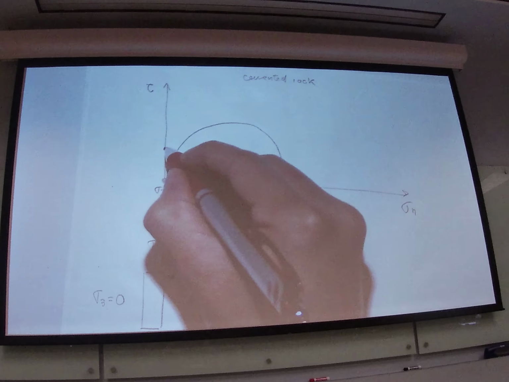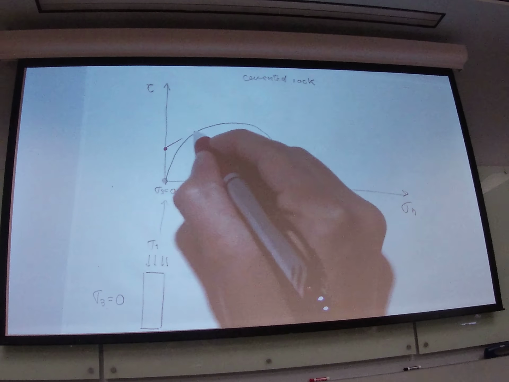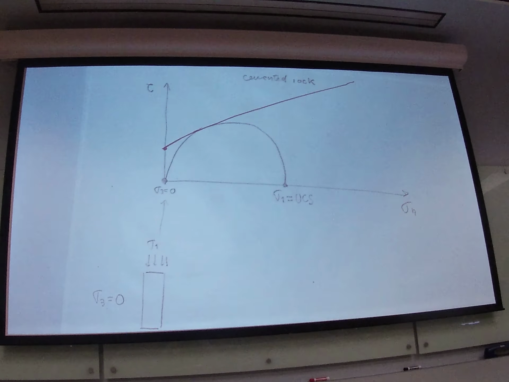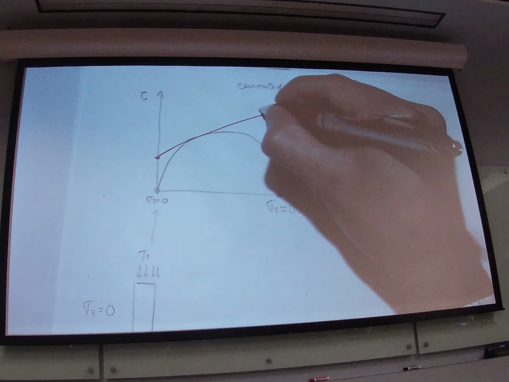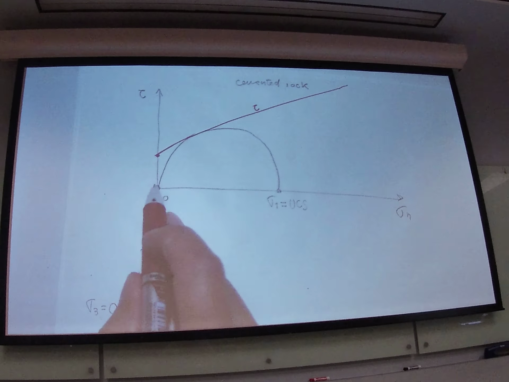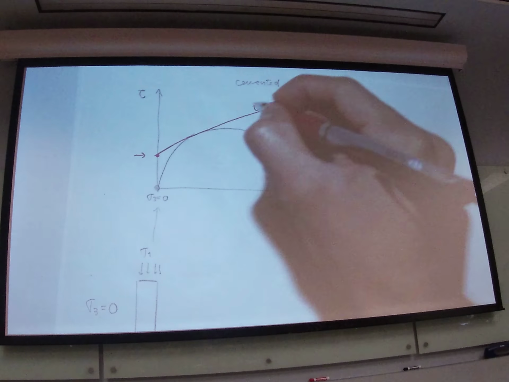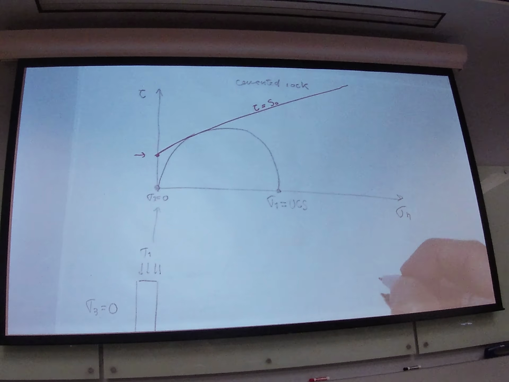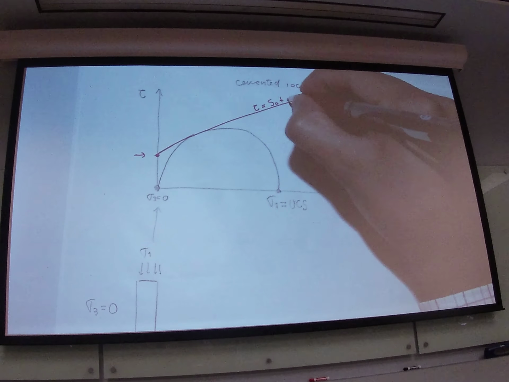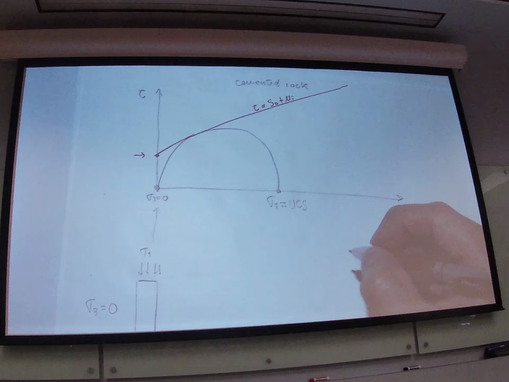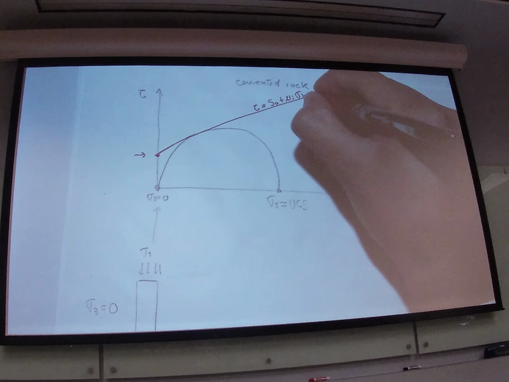And that response is going to be dictated by the shear line that now is going to be equal to, notice that there is an offset. It's a number plus the friction coefficient times sigma n.